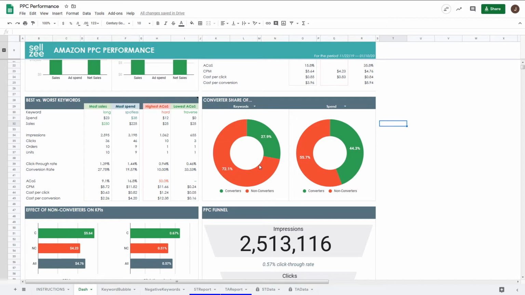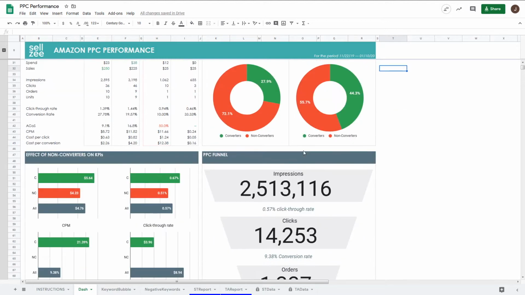Because that would be even worse. So thankfully, the keywords that are converting comprise 44% of the spend. So 28% of the keywords, the converting ones, are comprising 44% of the spend. So the ones that aren't converting, those got to be cleaned up for sure.